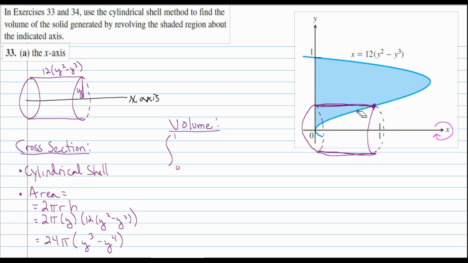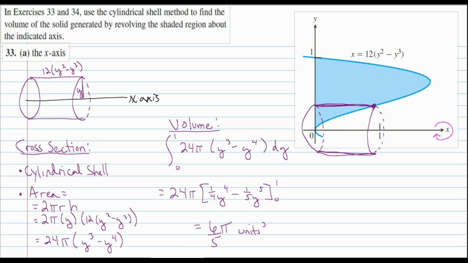One edge of one shell, if we stick with the same edge, is going to be stacked from 0 out to 1. So that means the area of the shell, we found that formula. We're going to give each shell a little thickness, dy, integrate, and I get 6/5 pi cubic units.